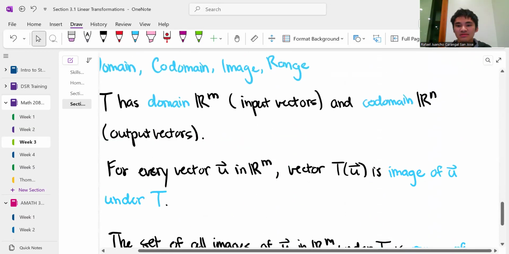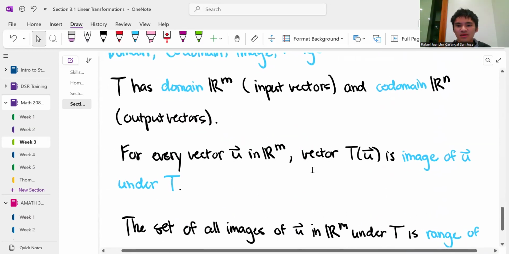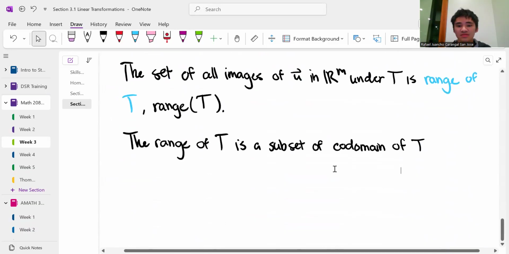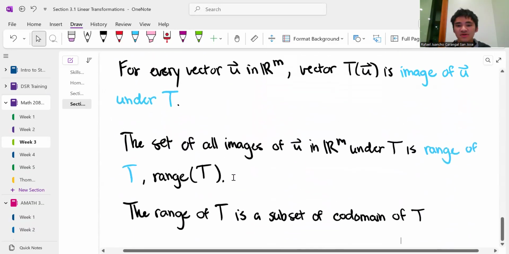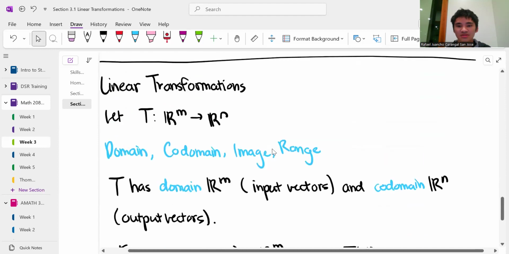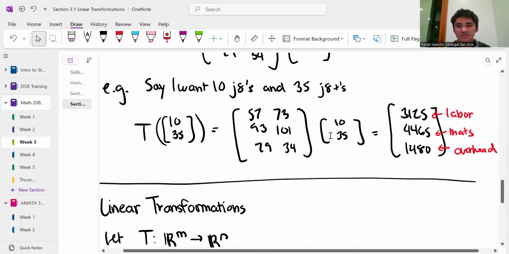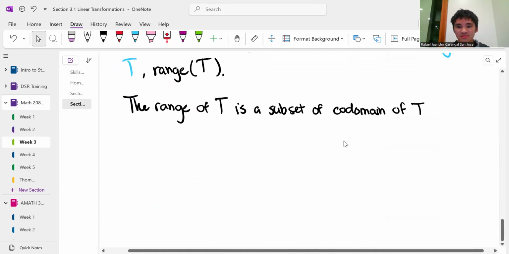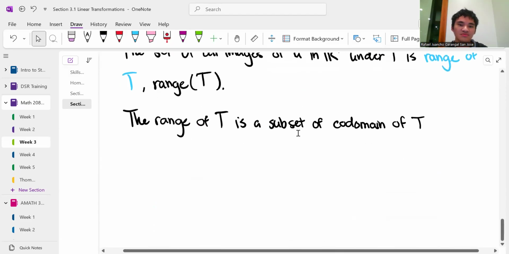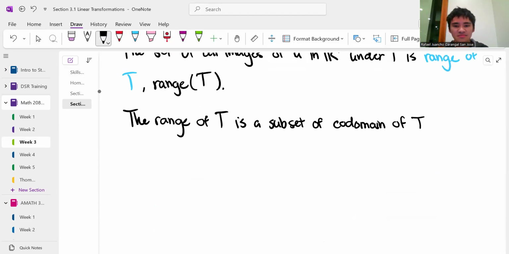The codomain is Rn, in this case R3. So the range of T is the set of all images of u in Rm under T. So this is actually just a subset of the codomain. We'll see what all of these mean in a bit.